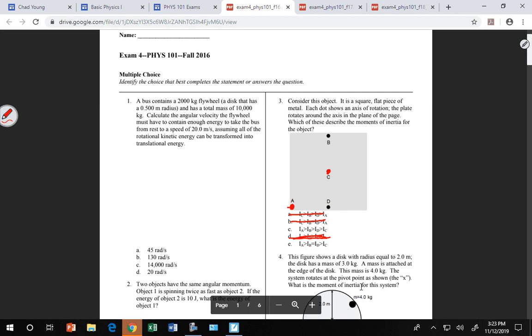So now really the defining factor is where do B and D lie? They're equal because notice B and D are the same. I just flipped, they're symmetrical. So the answer would be E. Okay? Looking at how far your mass is from the axis of rotation will tell you what your moment of inertia is relative to other points.